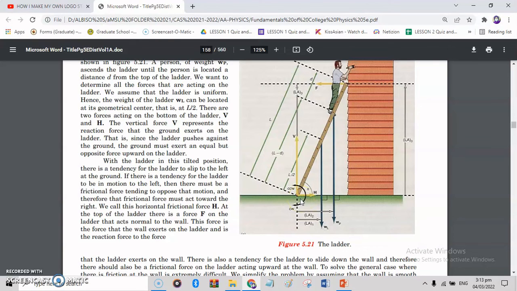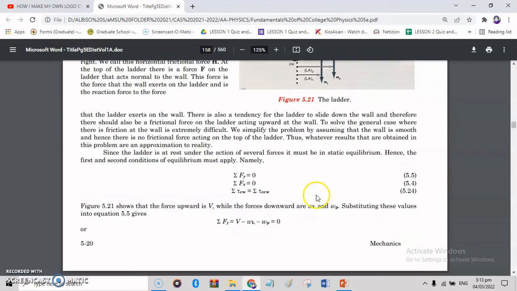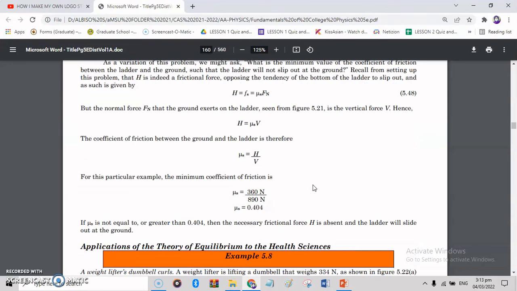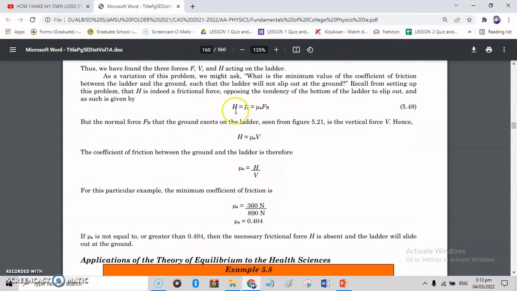And what is that friction? Static. Bakit? Stay put lang kasi si ladder natin. So, we have to compute for this mu static. Okay? So, horizontal force is just equal to the frictional static force. And that is equals to mu s times the normal force n. Okay? We know that this is a vertical force.